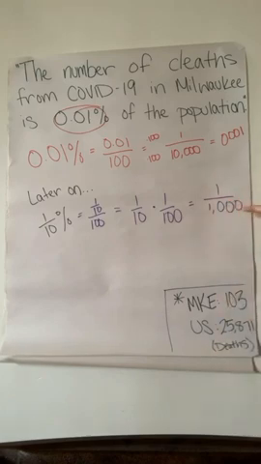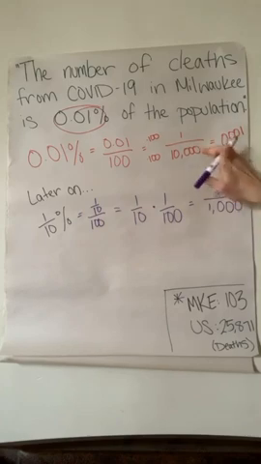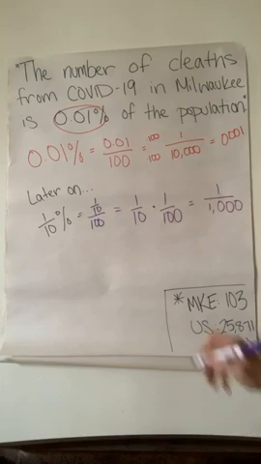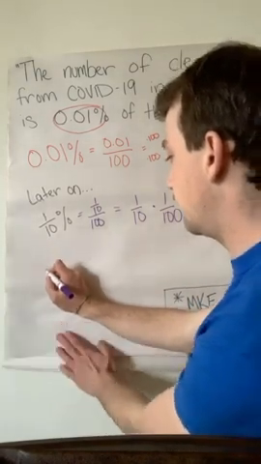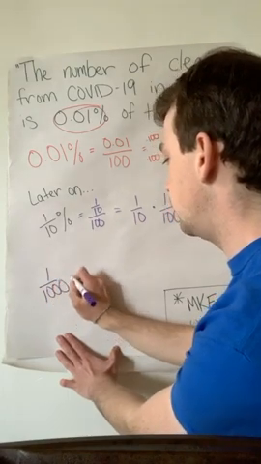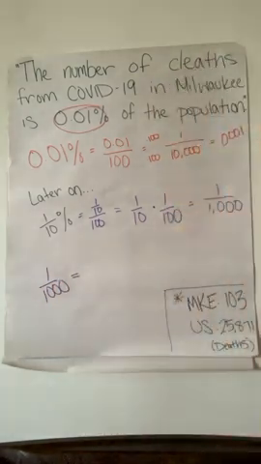And right away, you can compare these two numbers. You can see that this one's a lot bigger than this number. But you might not understand that because that person you're explaining to might not really understand fractions. So you say, okay, well, if we have 1 out of 1,000, we can use equivalent fractions.